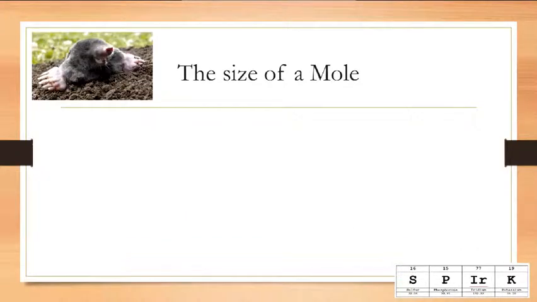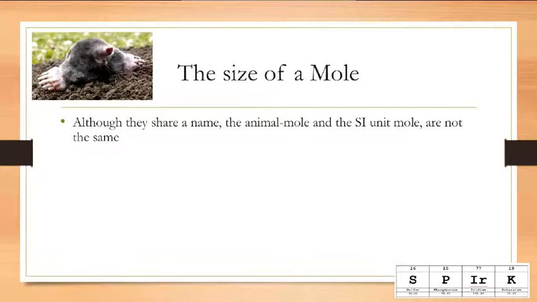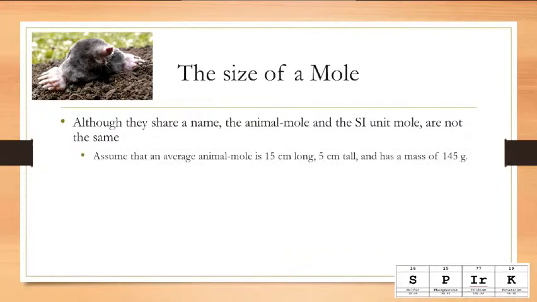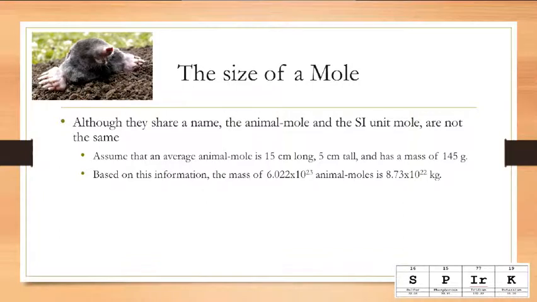So let's talk about the size of a mole. Although they share a name, the animal mole and the SI unit mole are obviously not the same thing. We can assume that an average animal mole is 15 centimeters long, 5 centimeters tall, and has a mass of 145 grams.